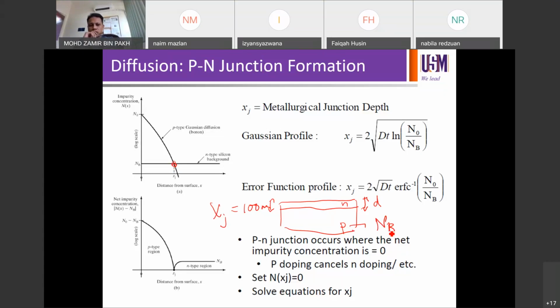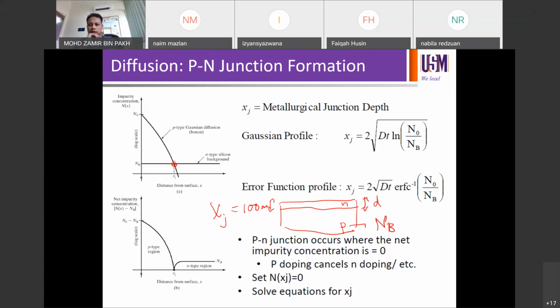Your profile starts with N0 at the surface, where X equals 0, and then goes down gradually according to the shape of the profile, either Gaussian or error function. But the bottom line is the junction can be determined by the intersection between those two lines.